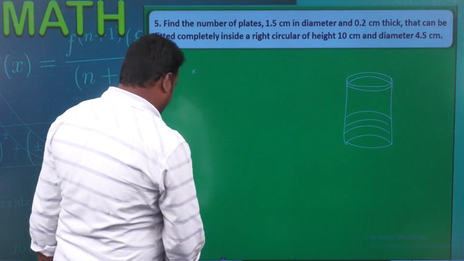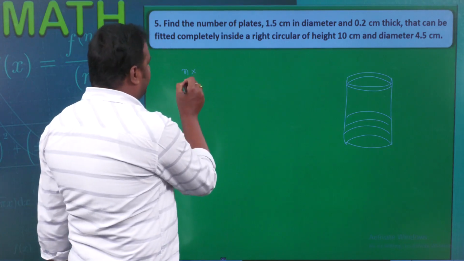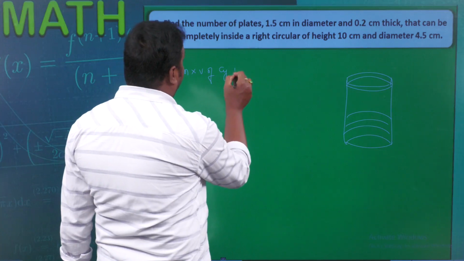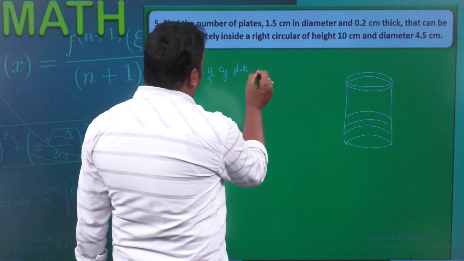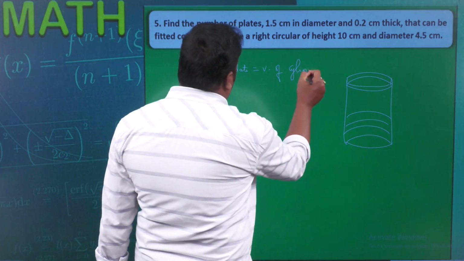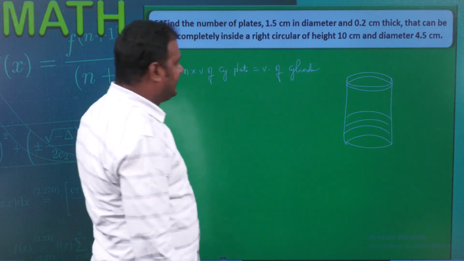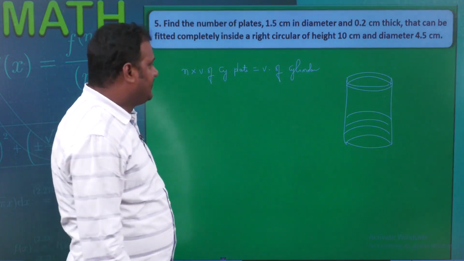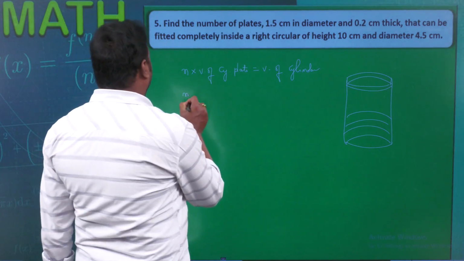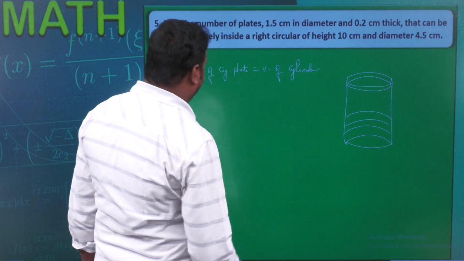Okay, n stands for the number of plates. So n into the volume of the cylindrical plate is equal to the volume of the cylinder. You understand? Because we do not know how many plates are required to fit them. So that is why n stands for the number of plates.